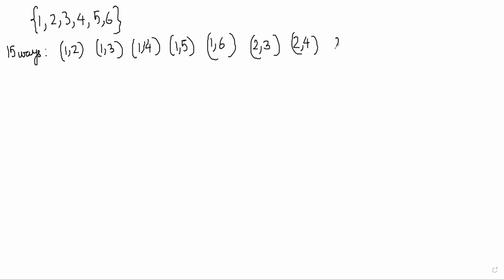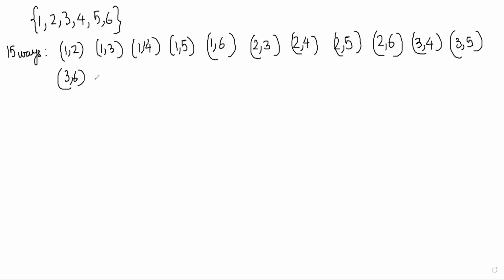1 2, 1 3, 1 4, 1 5, 1 6, 2 3, 2 4, 2 5, 2 6, 3 4, 3 5, 3 6, 4 5, 4 6, 5 6, right?